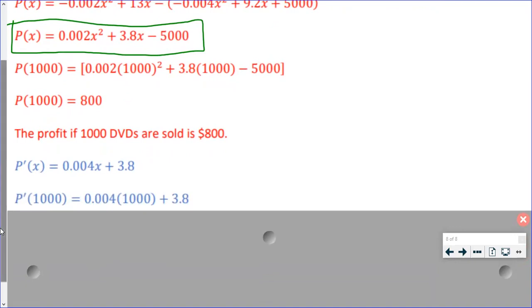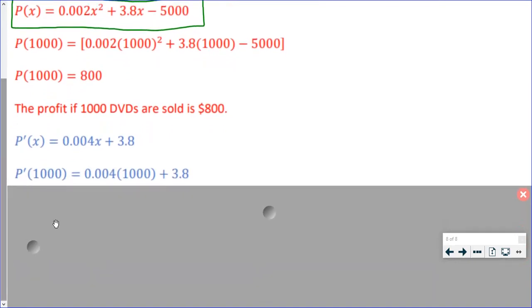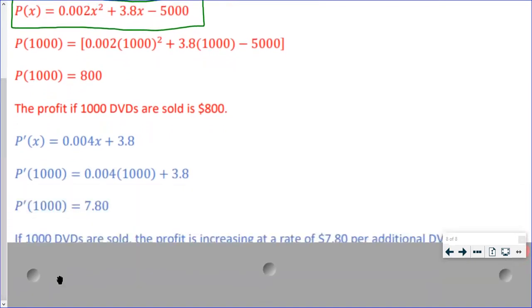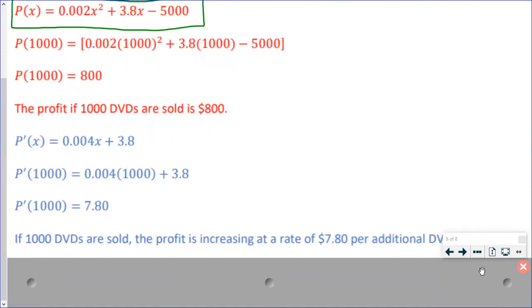But I want to really go over what this value means. Marginal profit refers to the fact that if 1,000 DVDs are sold, the profit will increase at a rate of $7.80 per additional DVD sold.